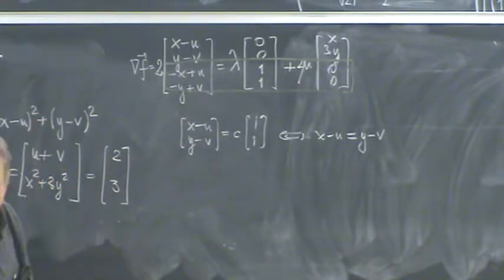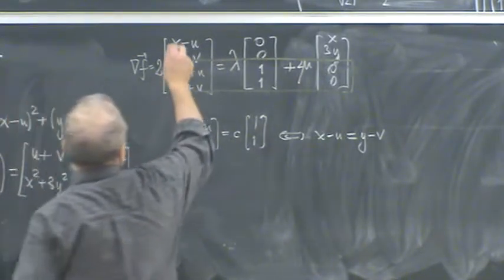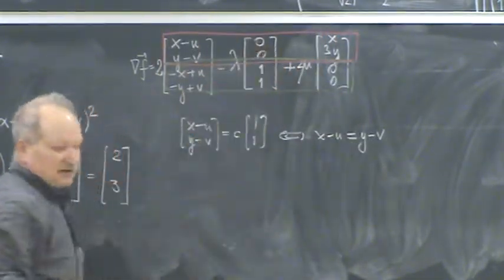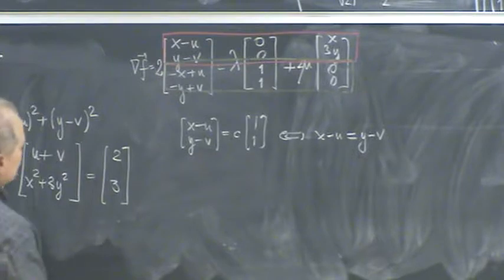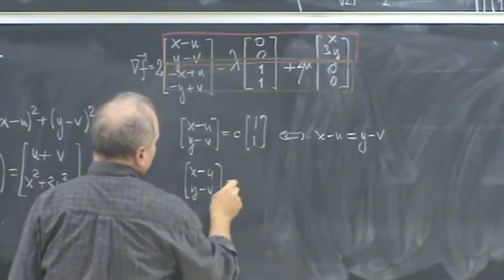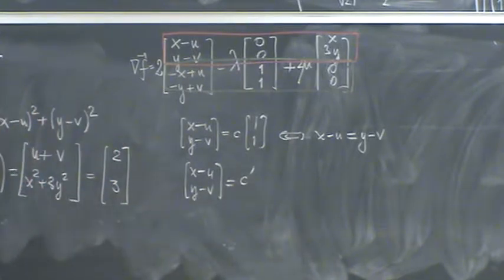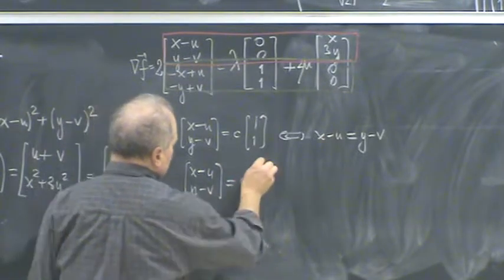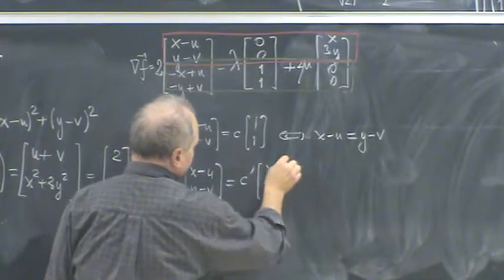And what about the other piece, using that this is 0? Oh, you know that those are a scalar multiple of 1, 1.